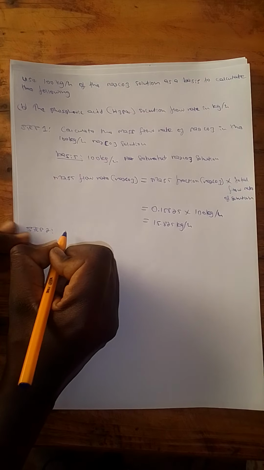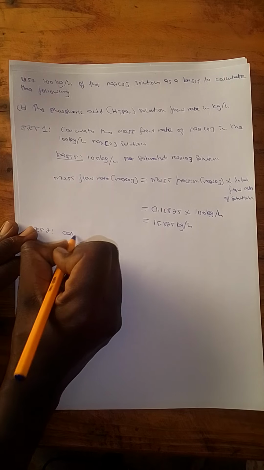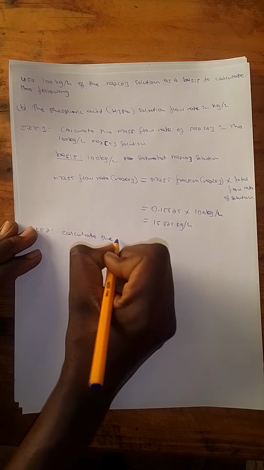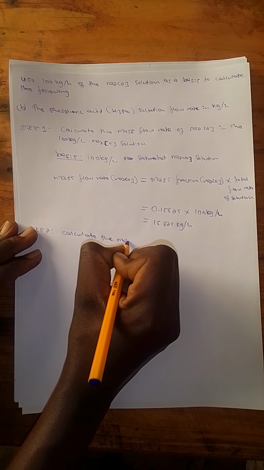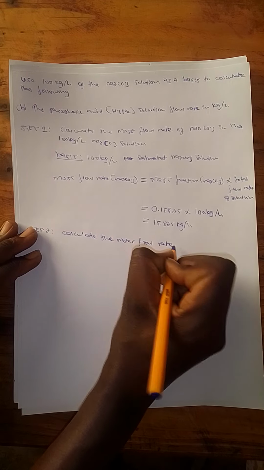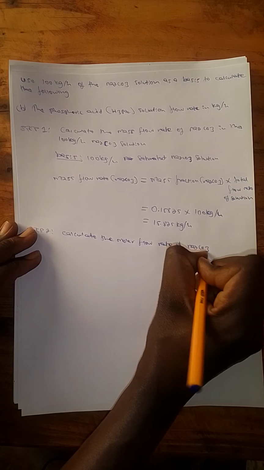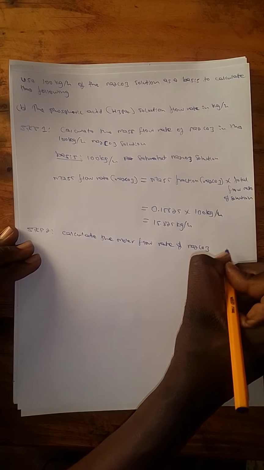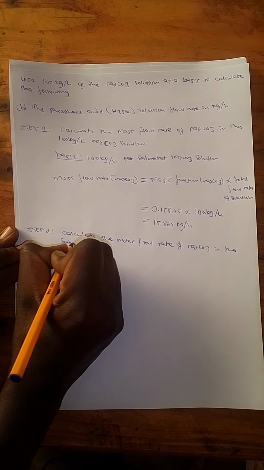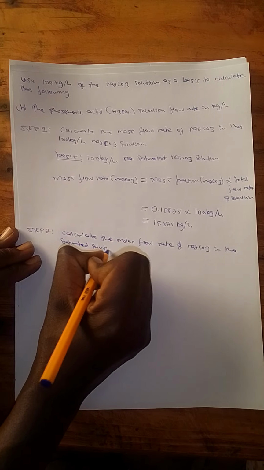So our step 2 is now calculating the molar flow rate. Let me just write it down: calculate the molar flow rate of Na2CO3 in the saturated solution.